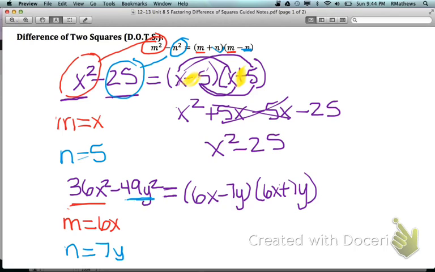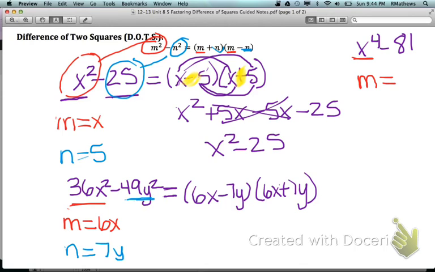Now, another thing to remember is that sometimes you have to factor more than one time, and you can't just stop. For example, if I have x to the 4th minus 81. Well, the m squared in this situation is x to the 4th, so m is the square root of x to the 4th.